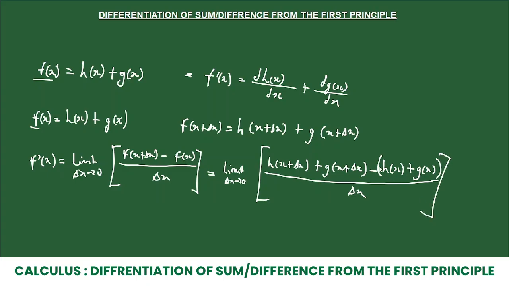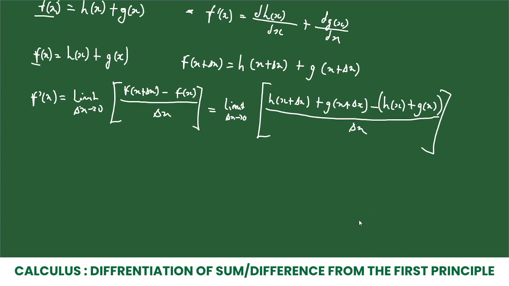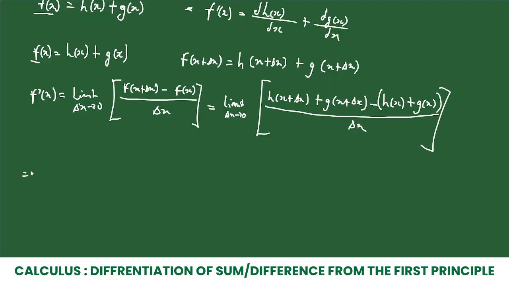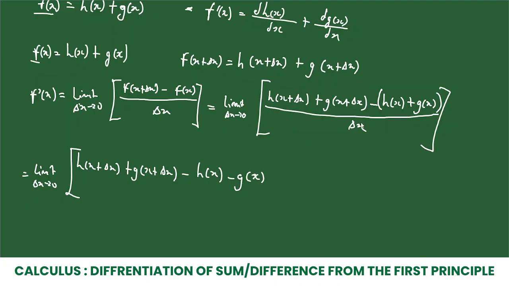So let's expand the bracket here. We are going to get the limit as change in x approaches 0 of h of x plus change in x plus g of x plus change in x minus h of x minus g of x. That's taking the bracket out. This is what you are going to get, all over change in x.